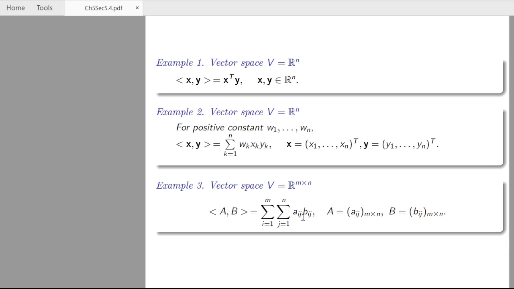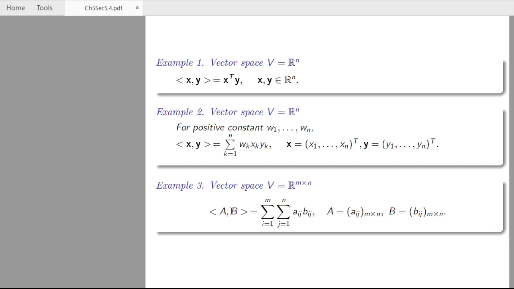So for sure, this is non-negative. And equal to 0 means all the Aij squares should be 0. So in that case, we should get A is an m by n zero matrix. So that way we could say property 1 for the inner product is satisfied.